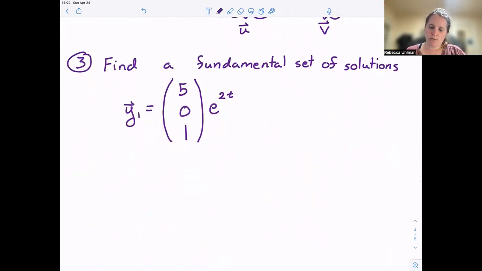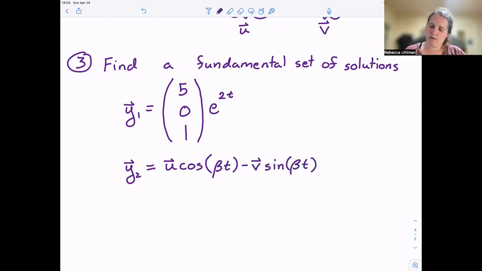Our y2 and y3 will be based off u and v and our alpha plus beta i. So y2, we will have u times cosine of beta t minus v times sine of beta t, all multiplying e to the alpha t.